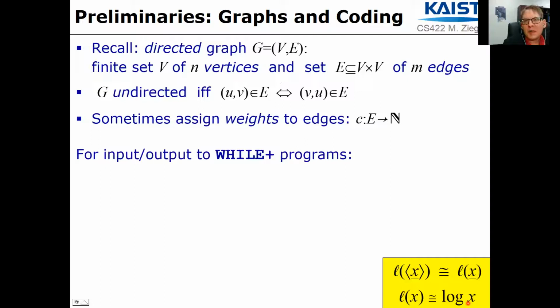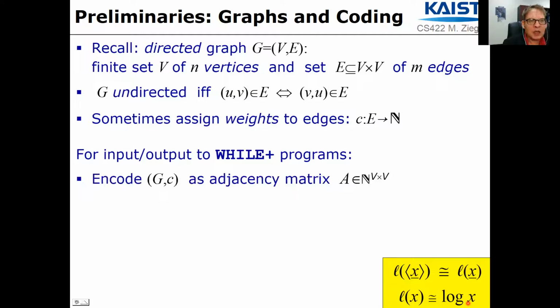Now, how to input such graphs into WHILE programs? Anything that can be input or that is output by a WHILE program is and must be a natural number, and it's up to us how to interpret the value of that natural number, how to assign a meaning to that.